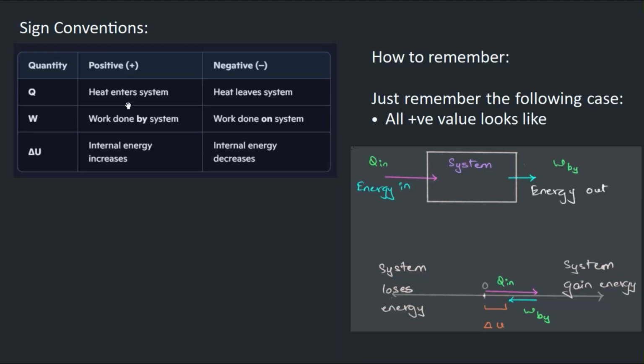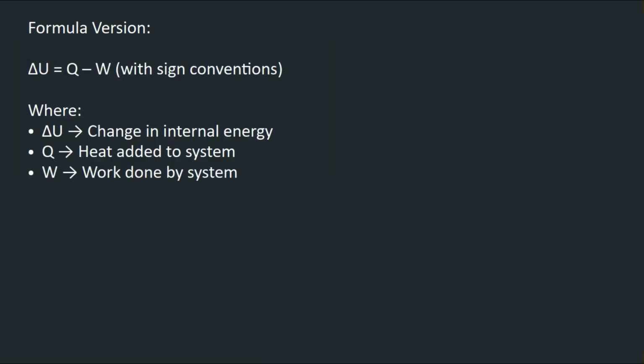And of course, we have the sign convention that we need to know. You have to take Q as positive when heat is added, and Q will be negative when heat leaves the system. Actually, you can't remove it; there's no remove concept over there. It leaves the system. Technically, it's that. When work is done by the system, it is positive. When work is done on the system, it is negative, so that it will reflect this formula.